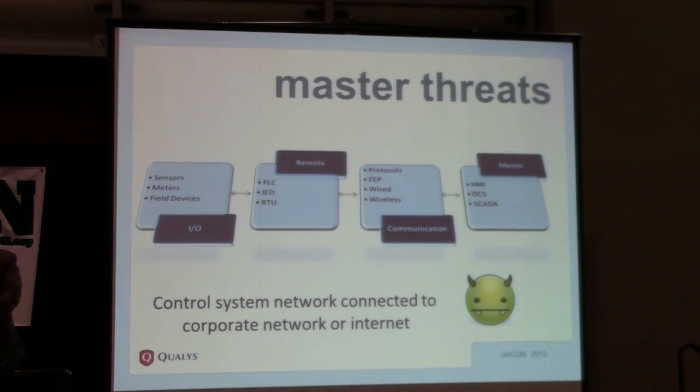In some cases, the control system network is connected to the internet, and that is what I think the other person here said. There was a company which wanted to give real-time feedback to their customers about, I think, power outages and so on and so forth.